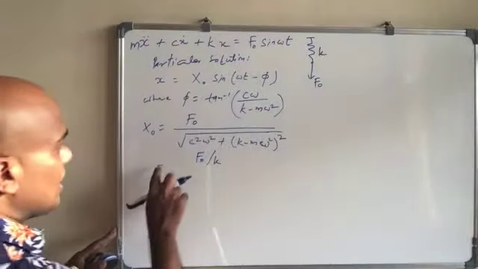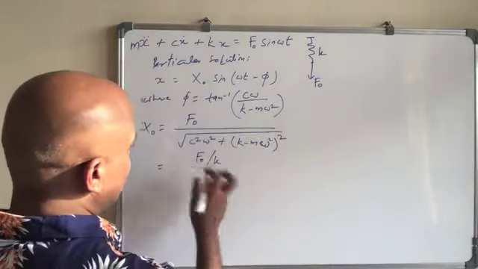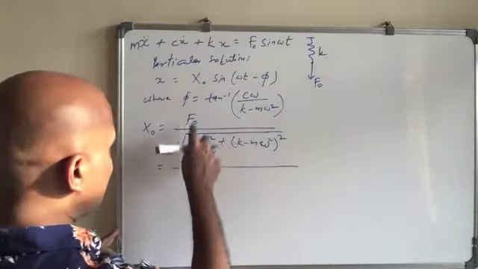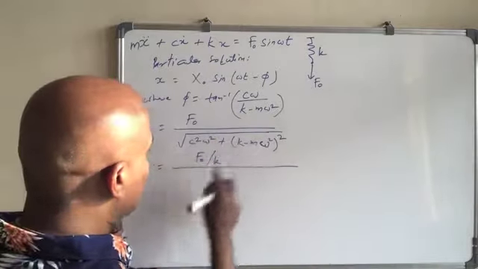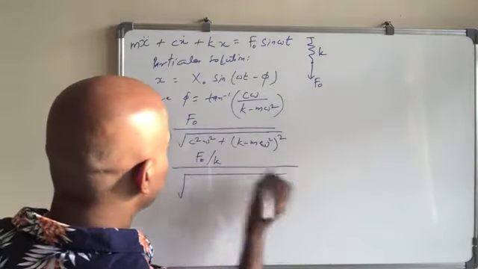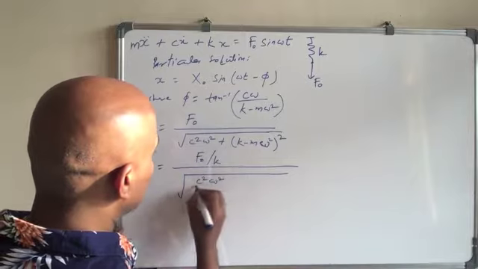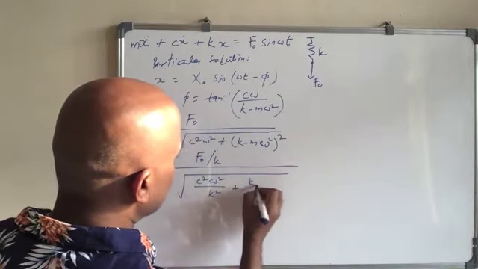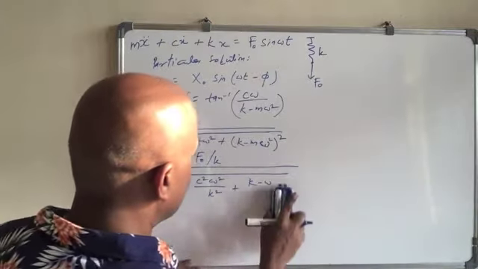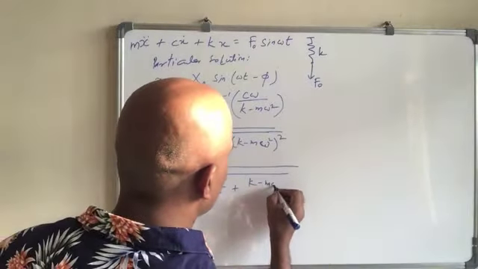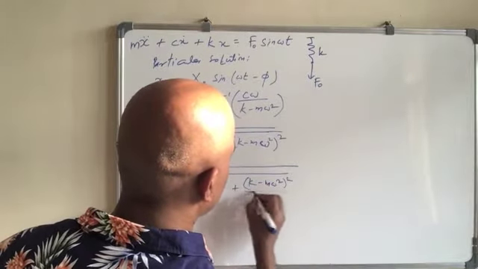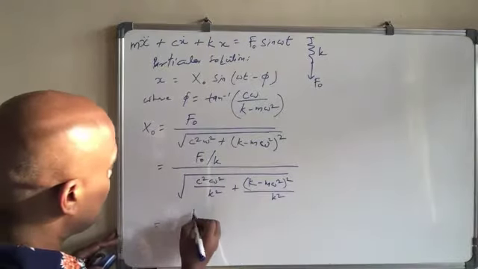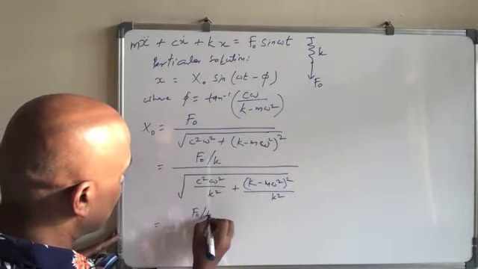So the value of X naught is F naught over k divided by, and since we divided by k here, we divide by k here also. So what we get is c square omega square over k square plus k minus m omega square divided by k square.